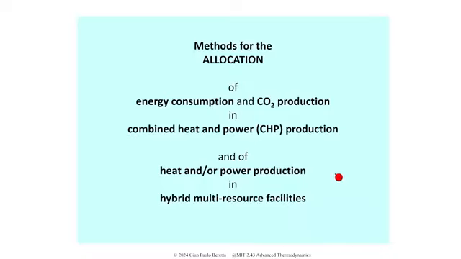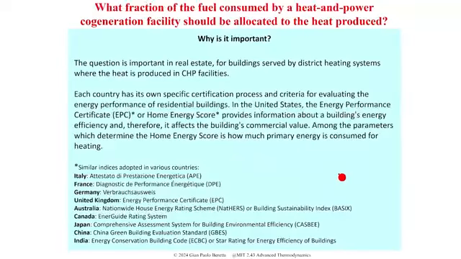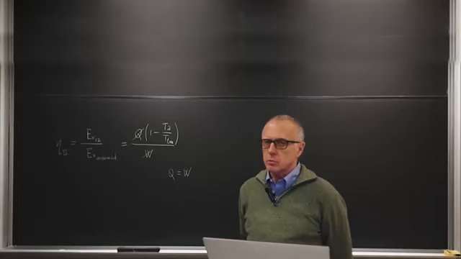So, allocation. Why is this problem interesting? What's the question that it answers? What fraction of the fuel consumed in a cogeneration facility should be allocated to the heat produced?